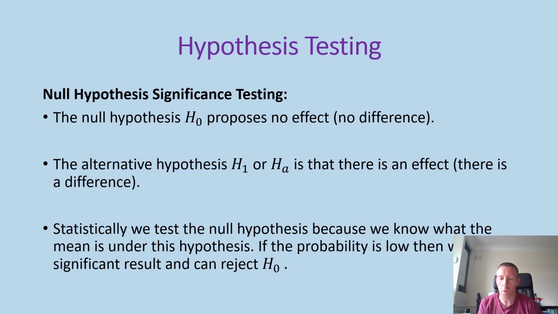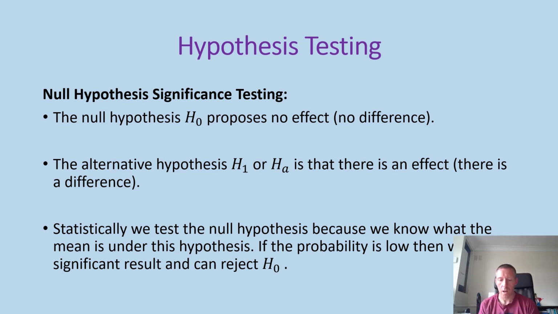Okay, so we want to work out the probability of getting our results. To do this, we use the p-value from our inferential statistical test. Whatever test we use to compare these means, we look at the p-value for that. The p-value is correctly defined as the probability of obtaining that value of the test statistic, whatever it was, or a value more extreme, given that the null hypothesis is assumed to be true.